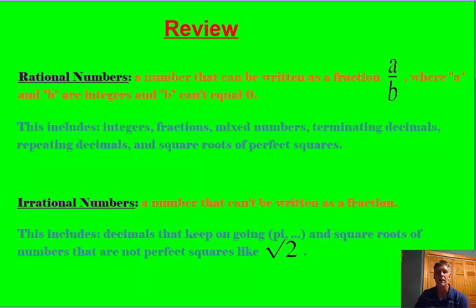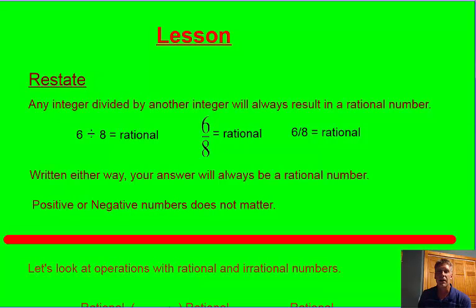All right, let's go into our lesson here. First thing, again, I want to restate that any integer divided by any other integer will always result in a rational number. For example, I wrote 3 different ways to write division. You could see it any 3 ways, but it's still an integer of 6 divided by an integer of 8.